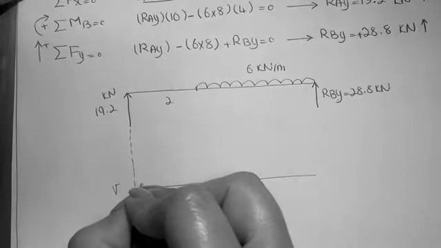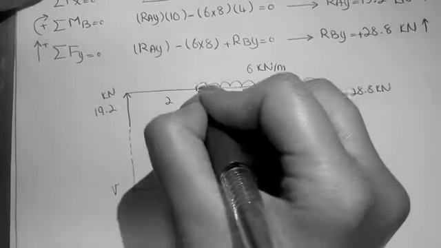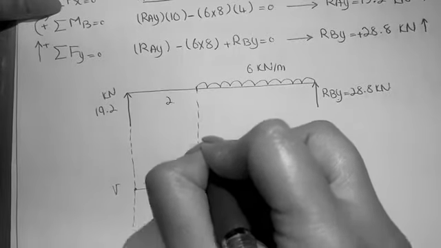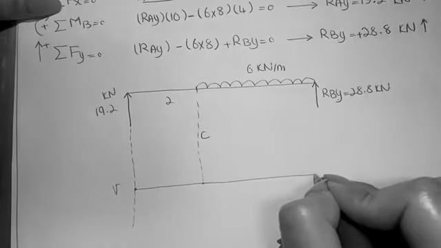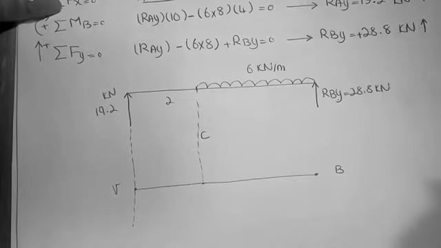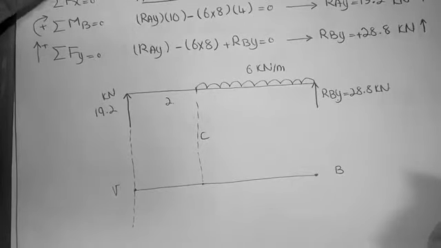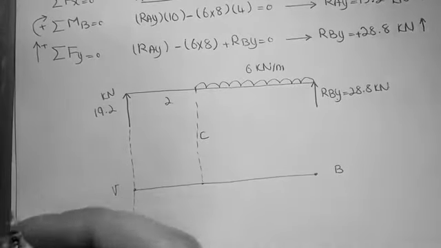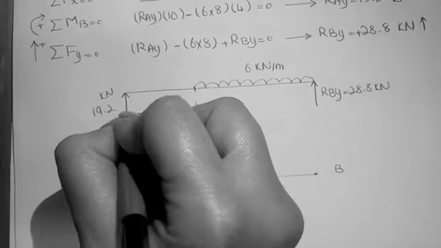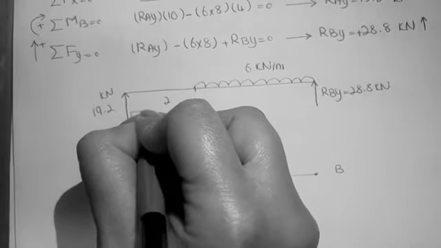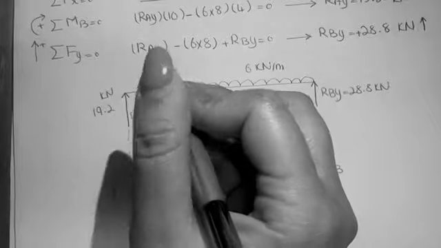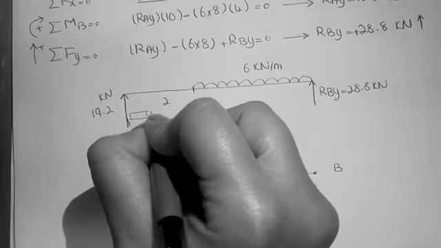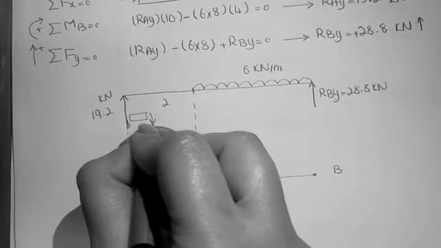Here, the critical points are point A, this point where the distributed force starts, I'm going to name it say C, and this end, which is B. So here, if you just cut the beam a very small distance, you can see that here you have upwards shear and here you have a downwards internal force.